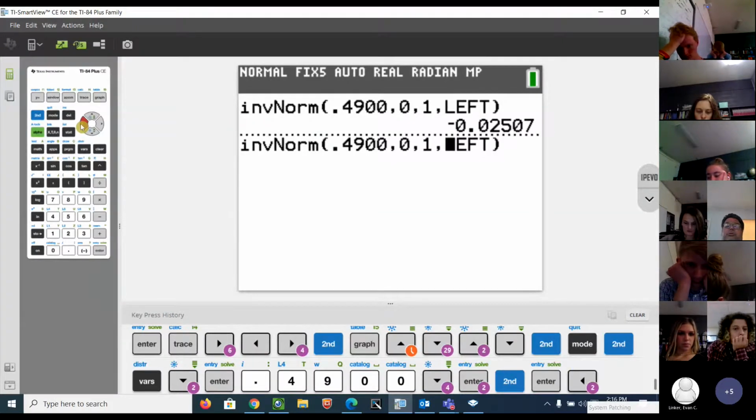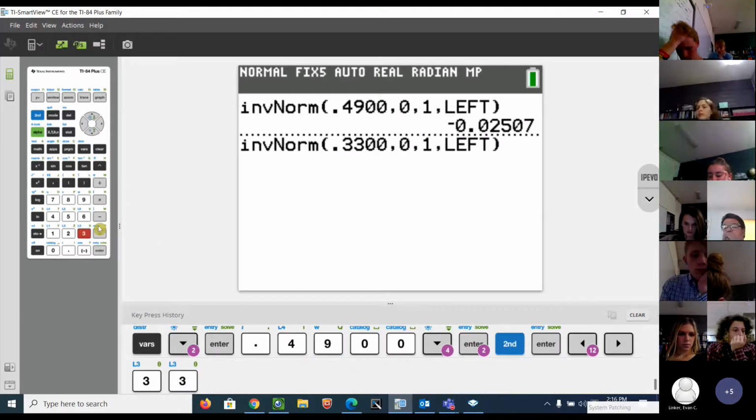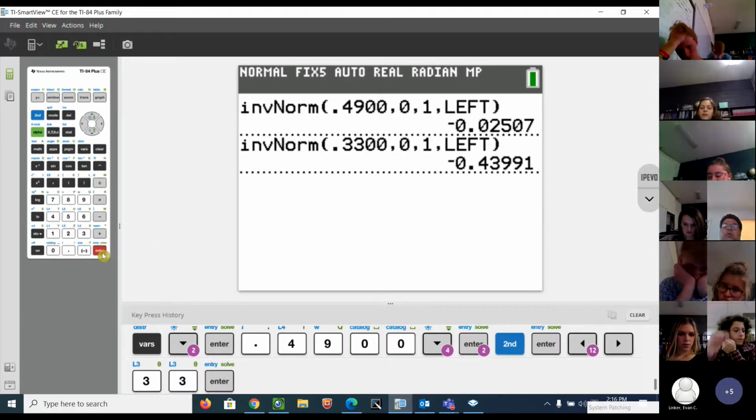And we're going to change this to 0.33 and enter. And our z-score on the left is -0.44. Therefore, the one on the right is 0.44.